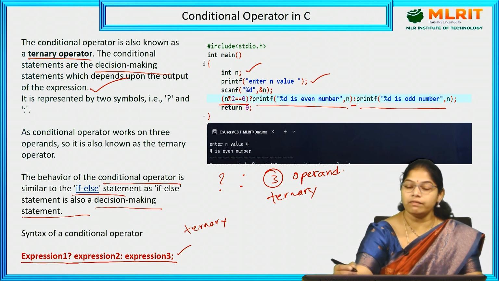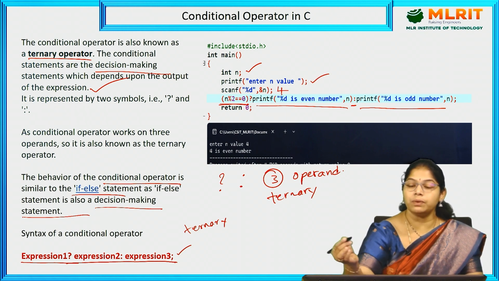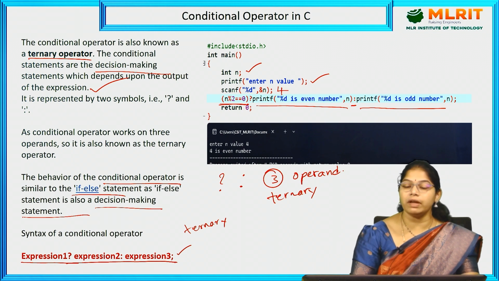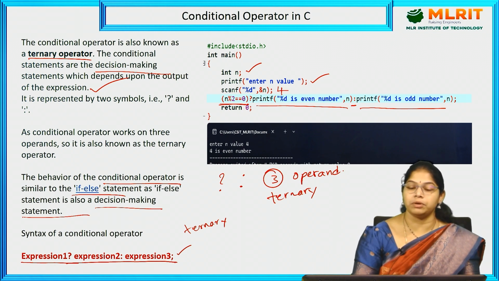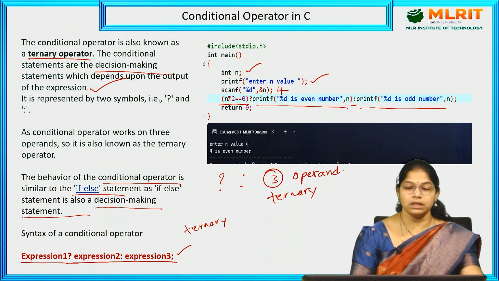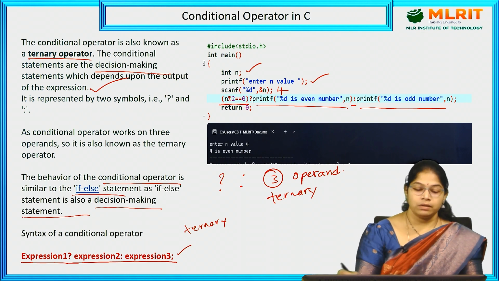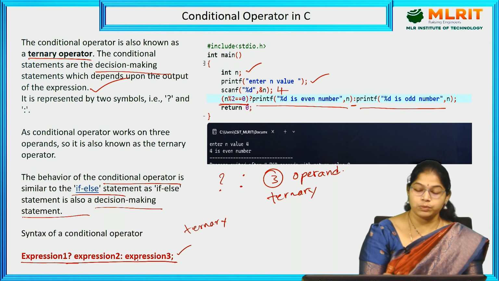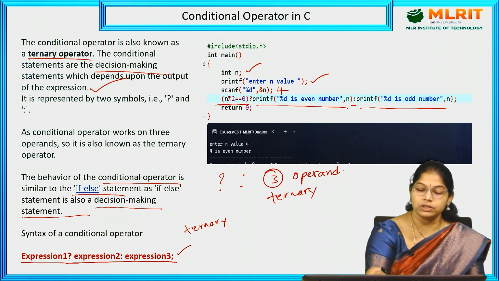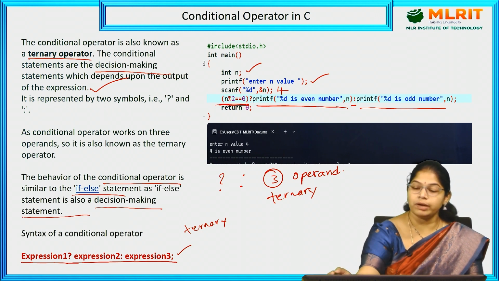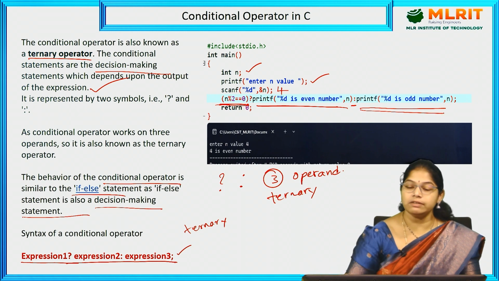Here I gave n value as 4. I want to check whether the given value is an even number or odd number. I am using a conditional operator. If we want to use a conditional operator, there must be 3 expressions. The first one is the condition, second is the true part, and the third is the false part.